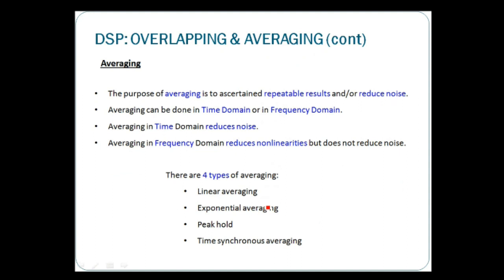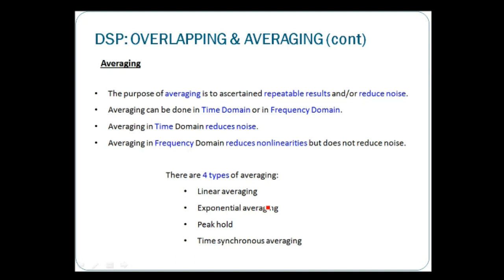Next is averaging. If you know when to use overlapping or not, and you know that FFT is processed in blocks, then these blocks of FFTs can be averaged. The purpose of averaging is to ascertain repeatable results or reduce noise.